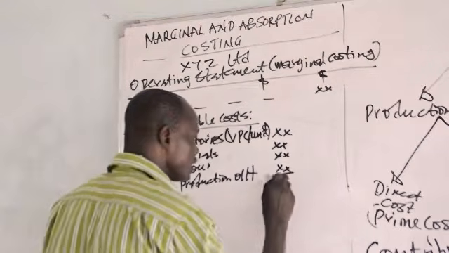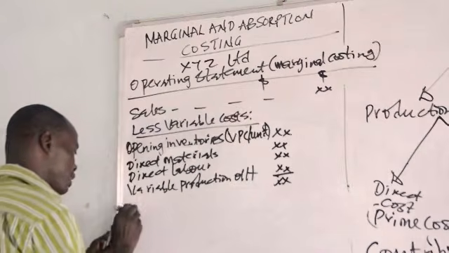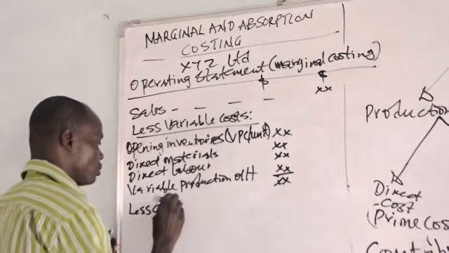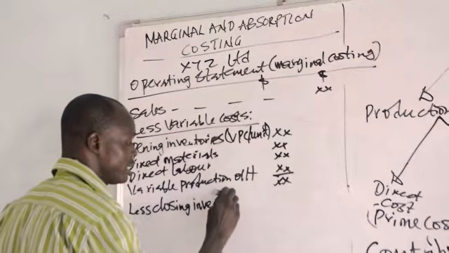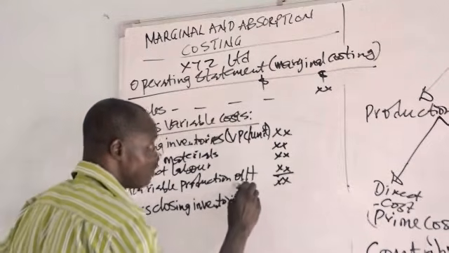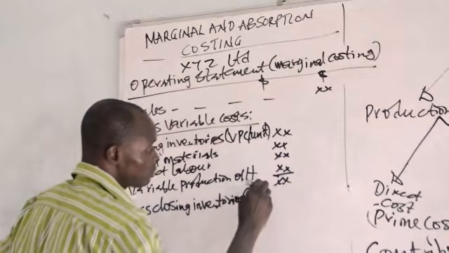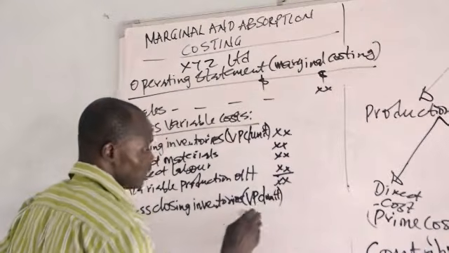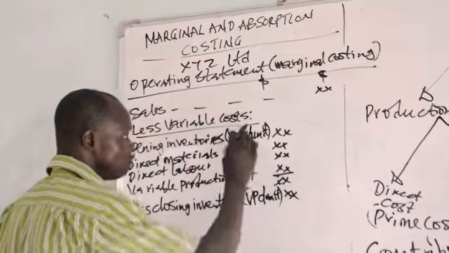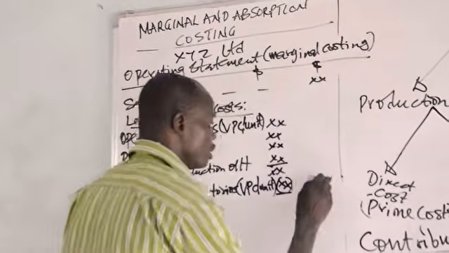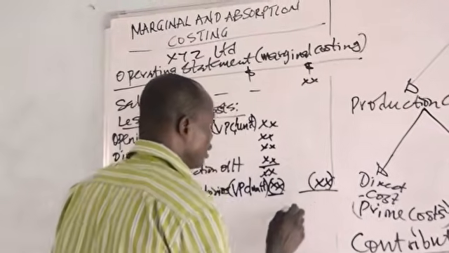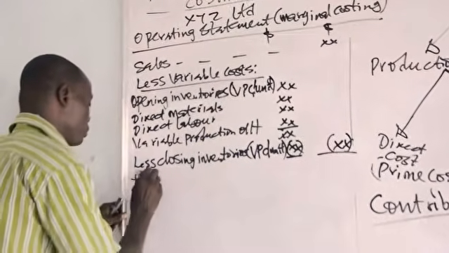When you aggregate this, you less closing inventory. Don't forget, you value your inventory at variable production cost per unit. When you less that, you get factory contribution.